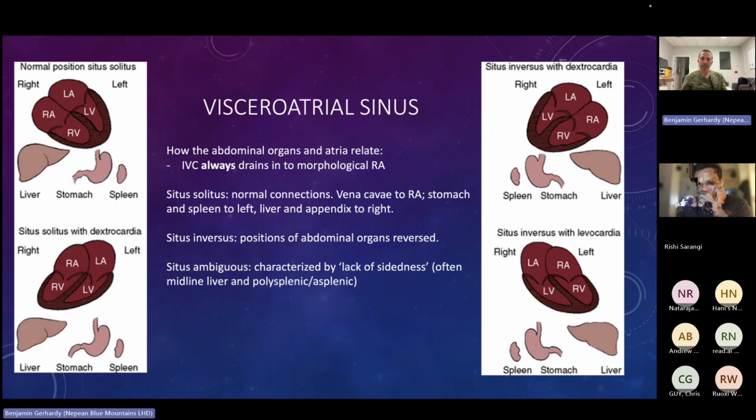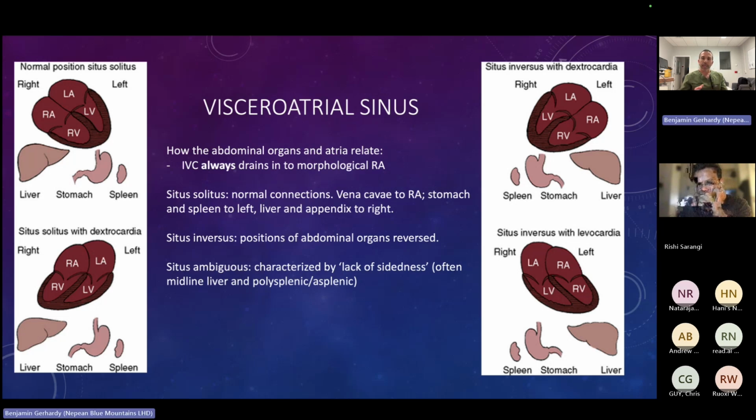When you've got situs inversus, then the internal organs below the diaphragm are sort of around the other way. It's predominantly stomach, liver, spleen, and appendix, but the heart still sits the way it's meant to. So that is your situs inversus, but your heart can still be completely positioned appropriately with respect to those organs.